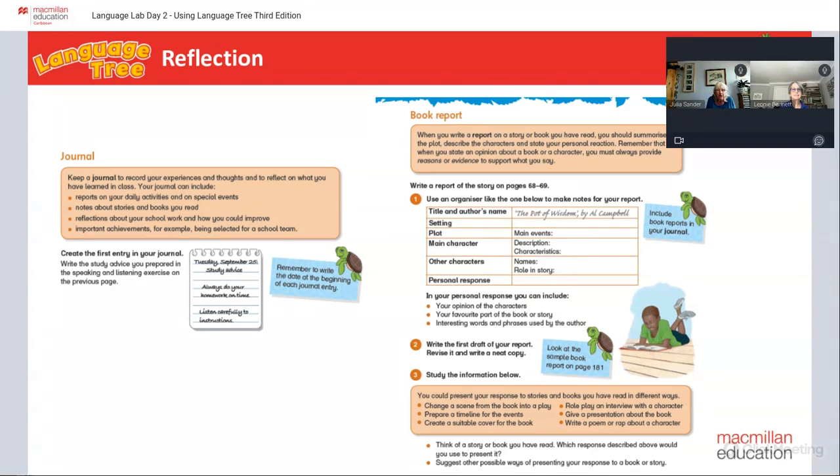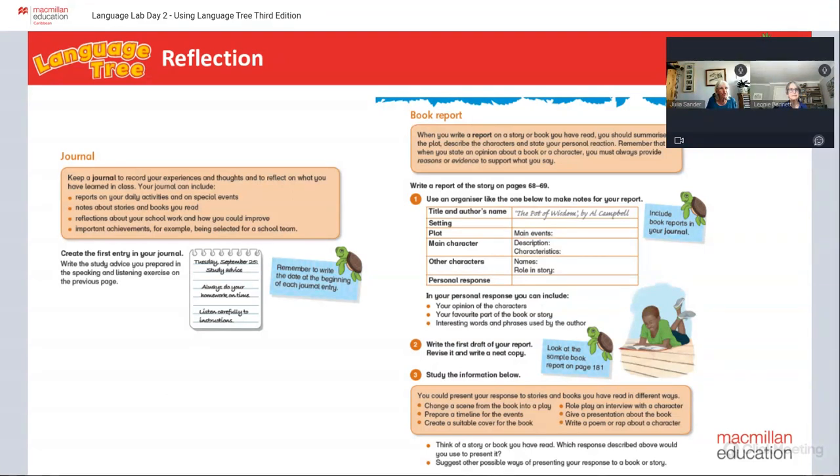Right, reflection as they go through the course is very important too. And we've already mentioned the journal. The journal is encouraged, they encourage students to keep a journal right from early days onwards. Talking to teachers, we found that teachers are already doing this, and we've got some ideas for what can go in the journal.